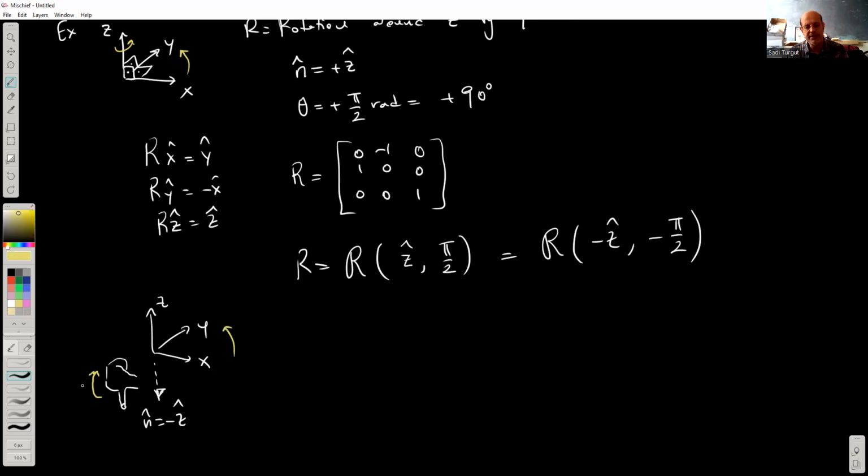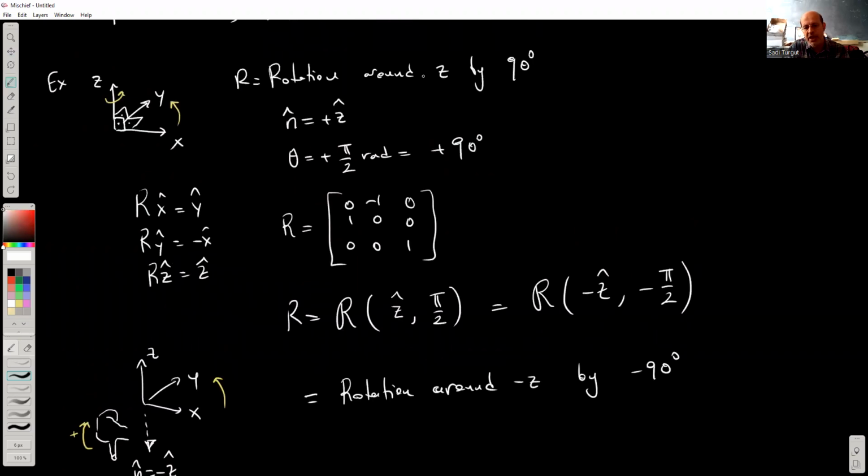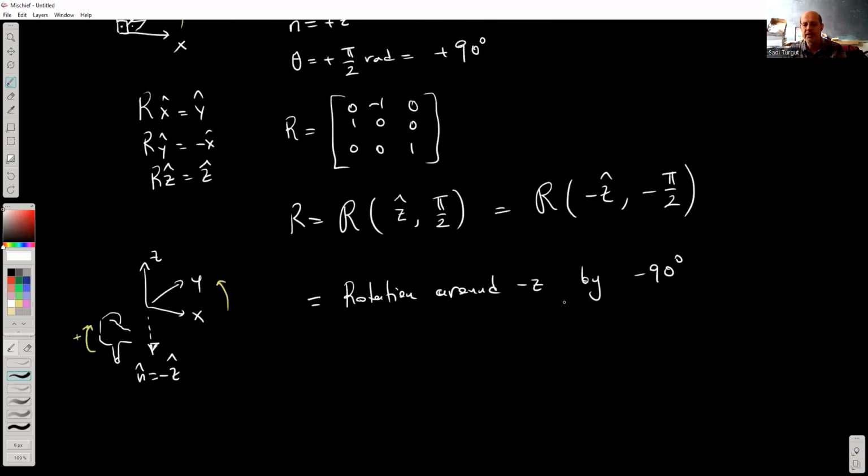So since it's opposite to the axis that I had chosen for positive theta, the negative angles will be in here. So as a result, I would describe this as rotation around minus z by minus 90 degrees, right? So a rotation around plus z by plus 90 degrees is the same thing as a rotation around minus z by minus 90 degrees.